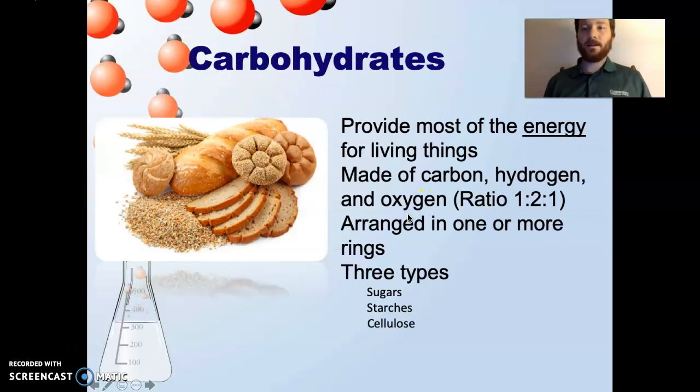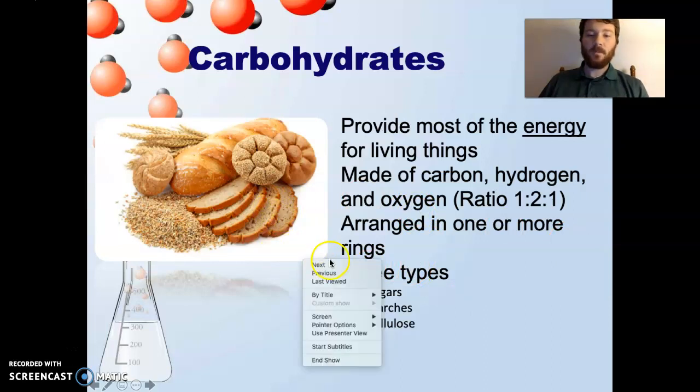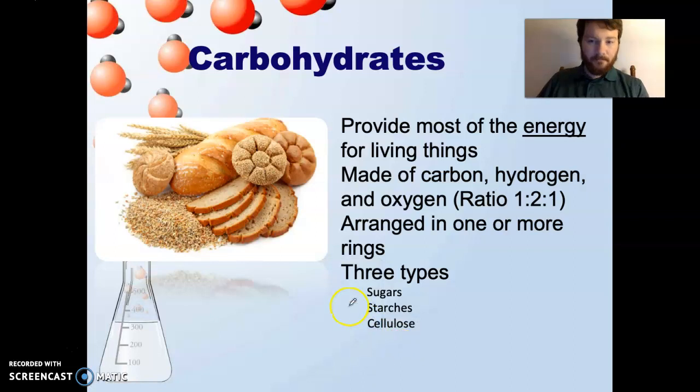So let's start off with carbohydrates. Carbohydrates provide the energy for most living things. They are made of carbon, hydrogen, and oxygen in a ratio of about 1 to 2 to 1. So consider if you have a carbohydrate, odds are that you're going to deal with something that probably looks something like this.